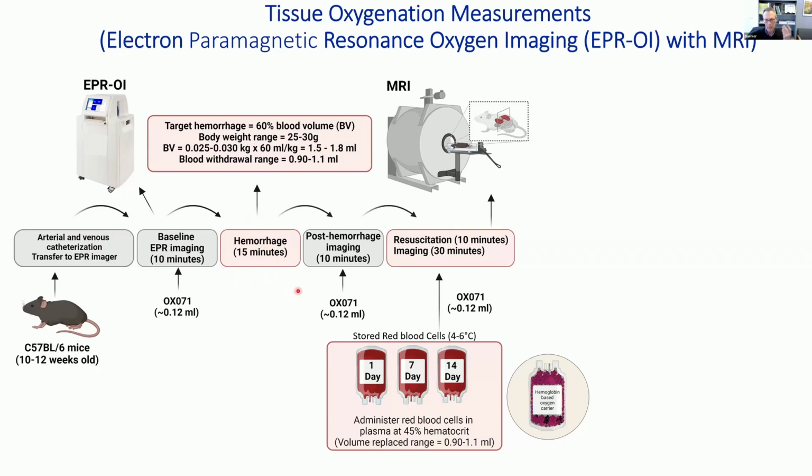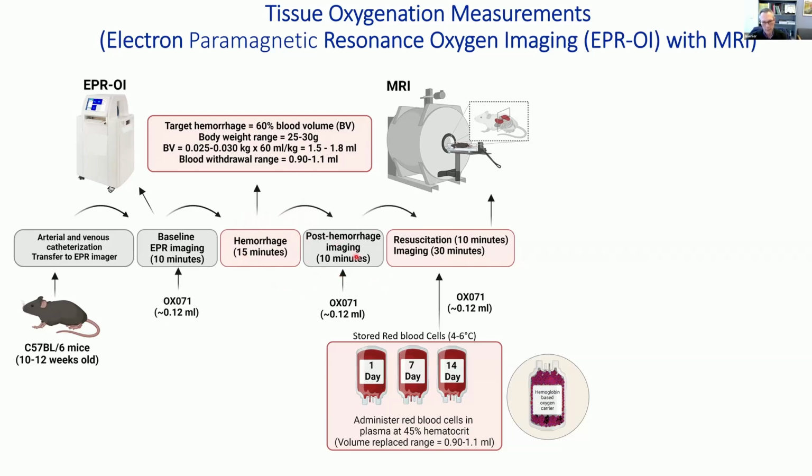This is a fairly extensive hemorrhage, approximately 60% of the blood volume. And these animals are basically at very low mean arterial pressures. They can be maintained for a very short period of time under these conditions. So it would be like a really massive blood loss, which would require a large volume transfusion.